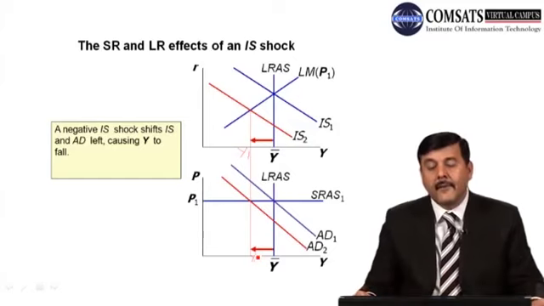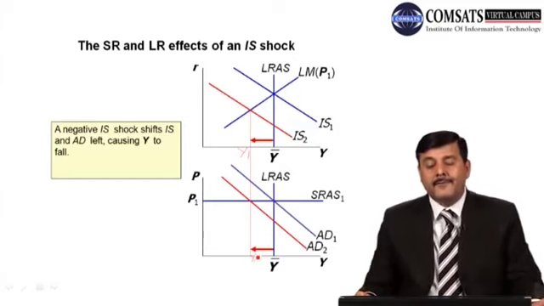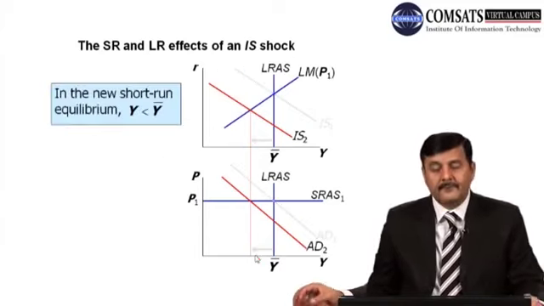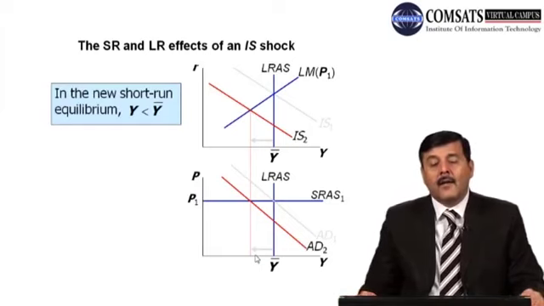A negative IS shock shifts the IS curve and AD curve to the left, causing Y to fall. In the new short run equilibrium, Y is less than Y bar.